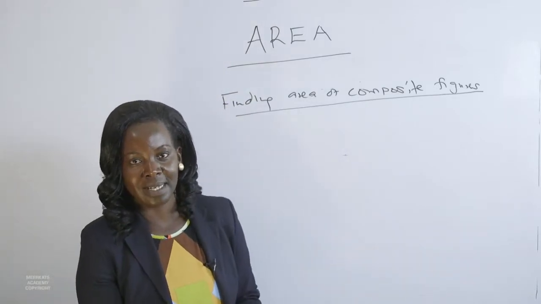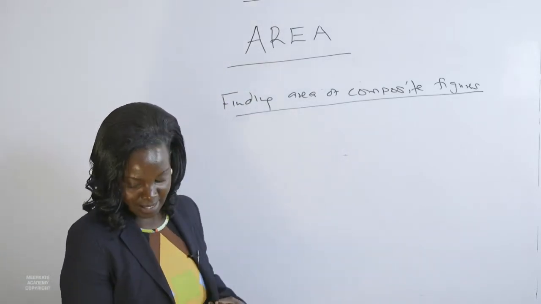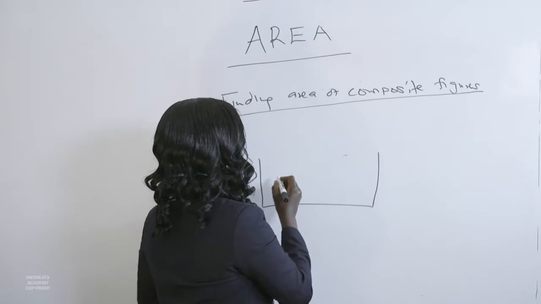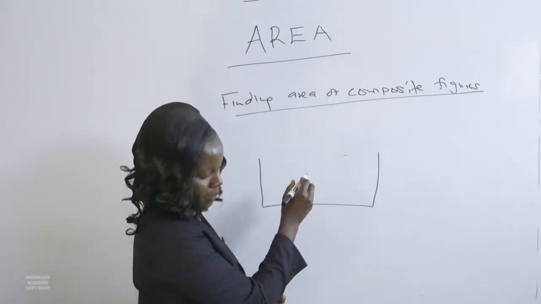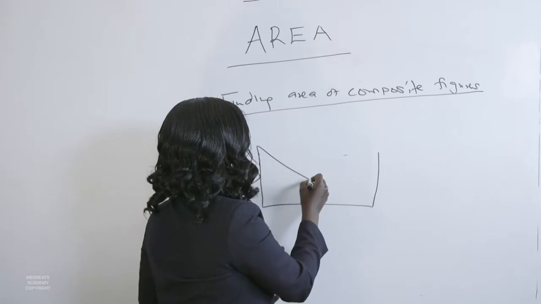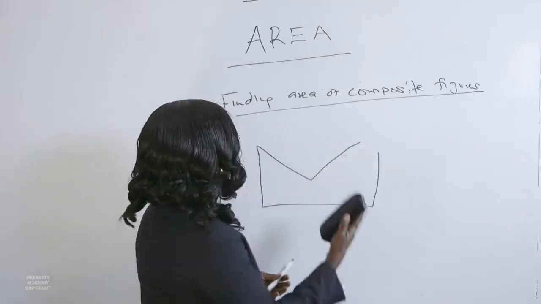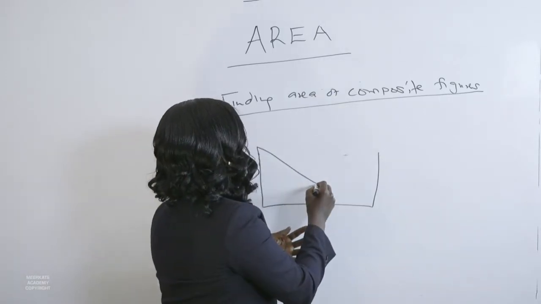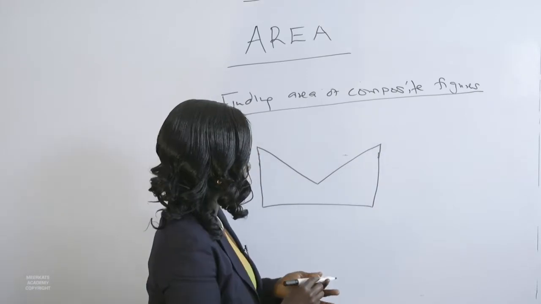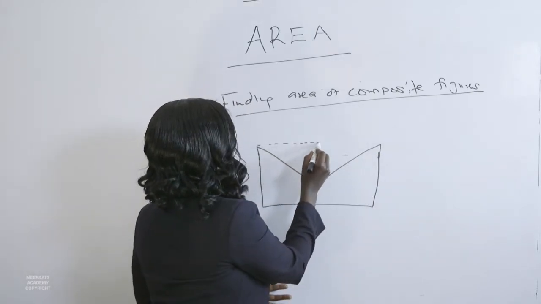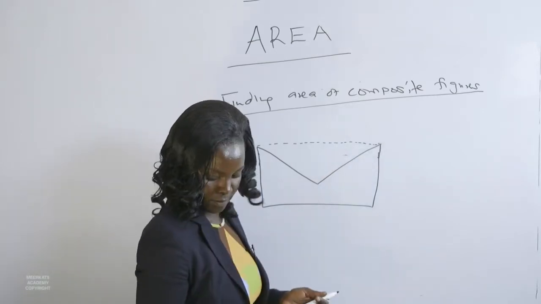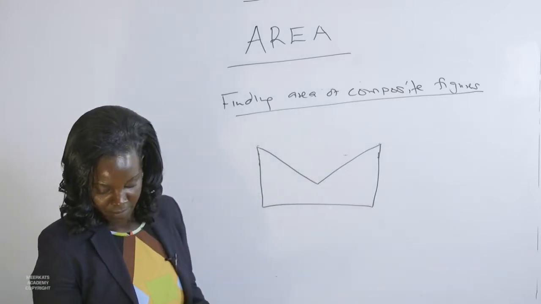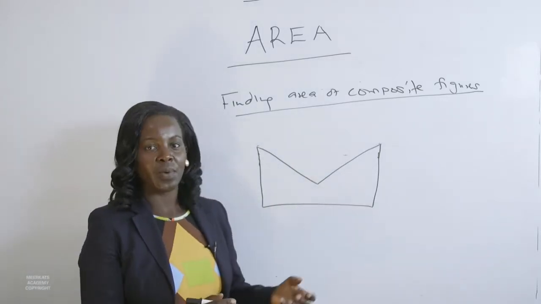An example of a composite figure where we need to subtract is this.